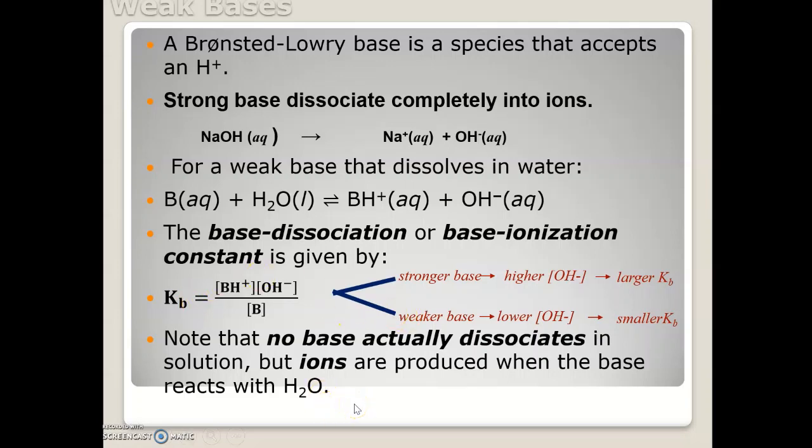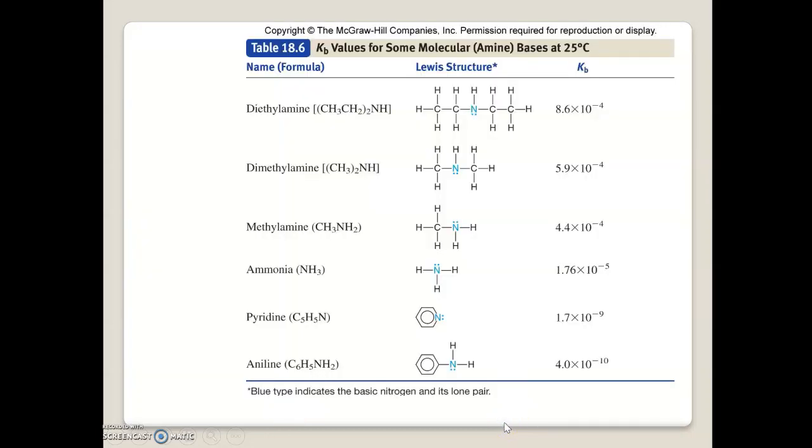We have to remember that actually no base dissociates in a solution, but the ions are produced when the base reacts with H2O, except for the strong one. In this table, we have a list of several weak bases.